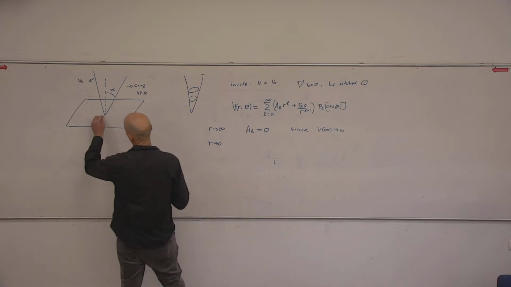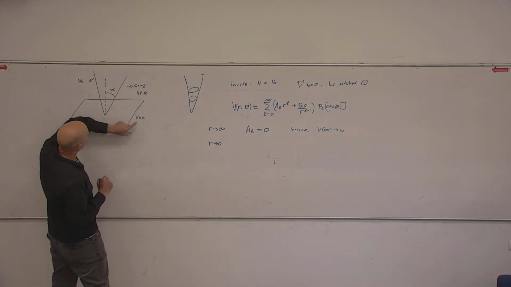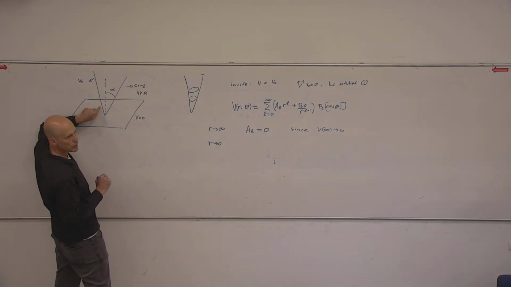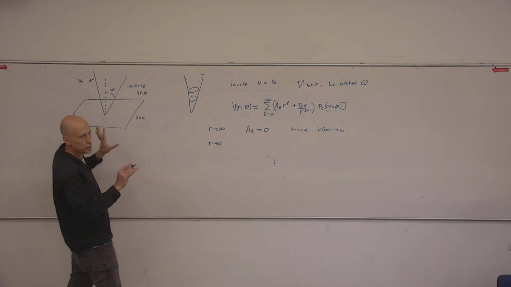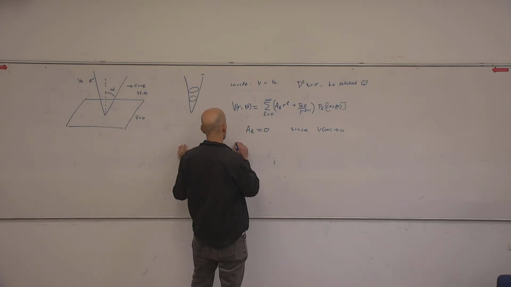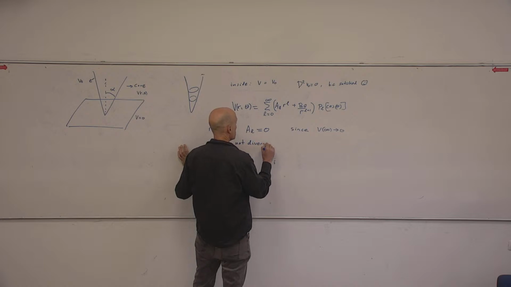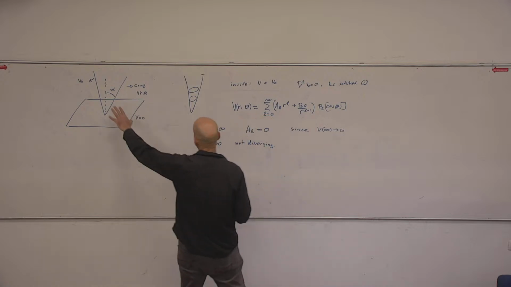So I come here close. Why is it not diverging? Because you have V equals 0 and V0. V0 is a finite number. V is a finite number. So nothing diverges here. So at R equal to 0, the potential is not diverging. I don't say what it is, but it's not infinite. That's all, because of the boundary conditions here.